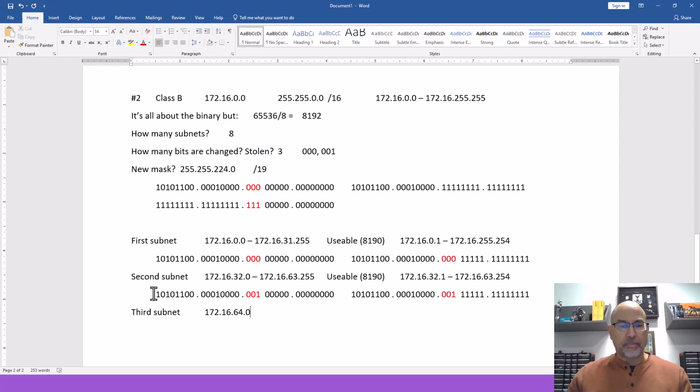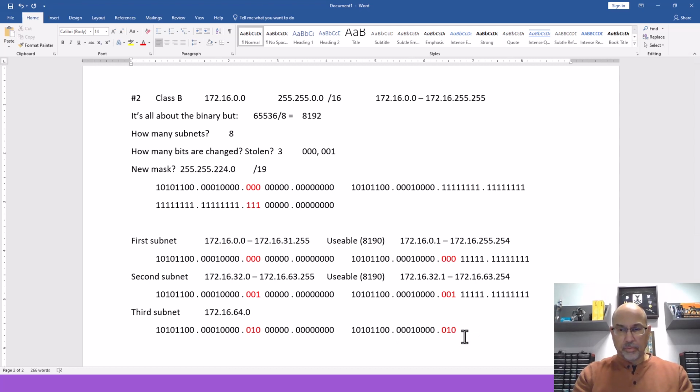Just do the binary. What does 64 look like in binary? 64 in binary looks like this. Well, this is the host portion. What happens if we put all ones in the host portion? And let's be consistent here.